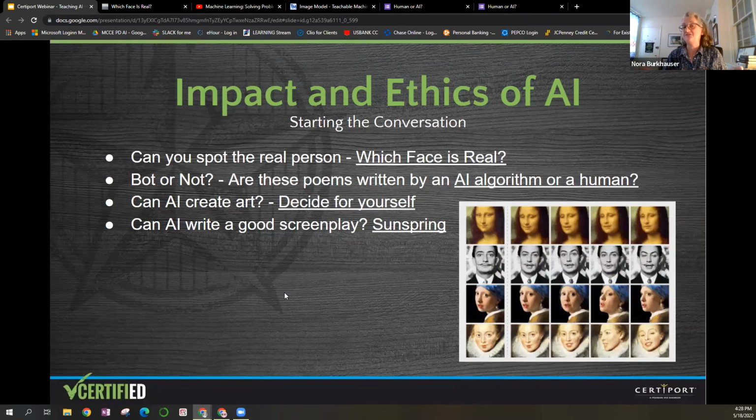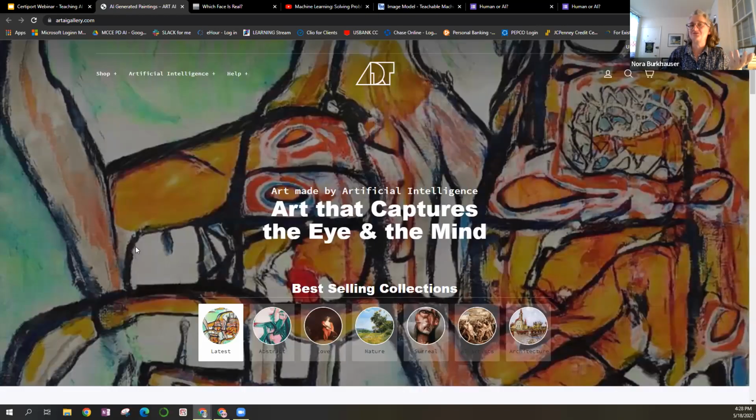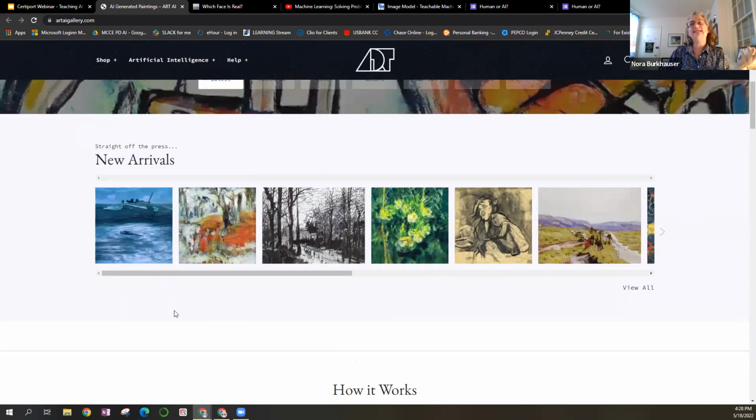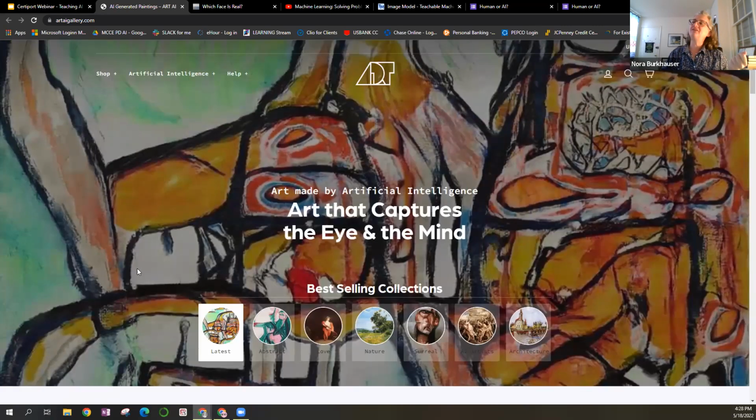And about the creativity of AI, there's actually a website where you can buy, and these are not NFTs, art that was created by a machine learning algorithm. I don't know that I would spend my money on that.